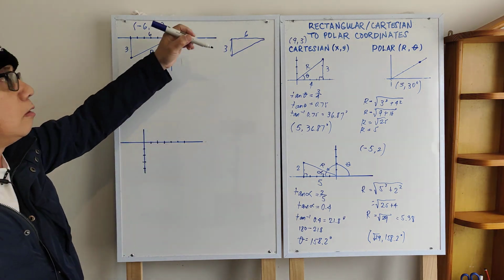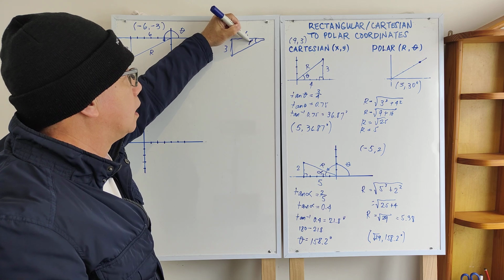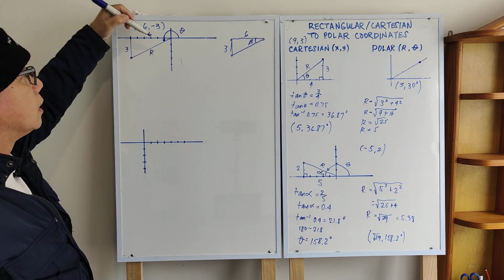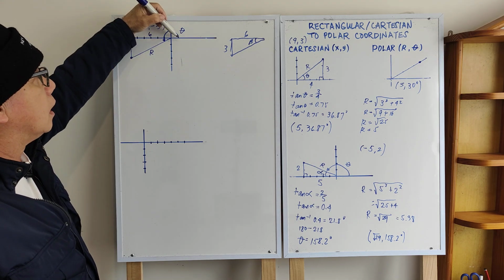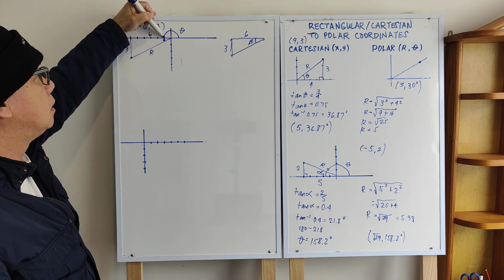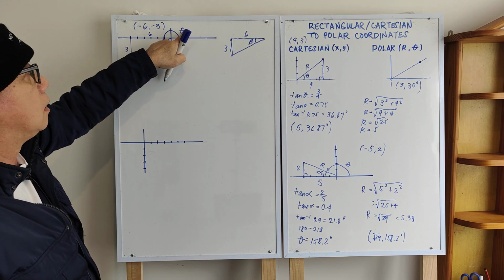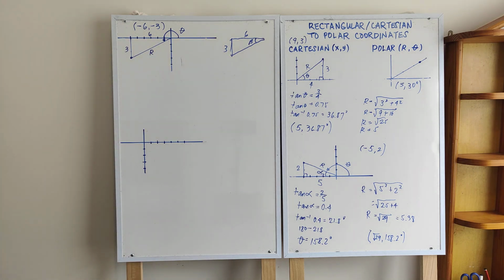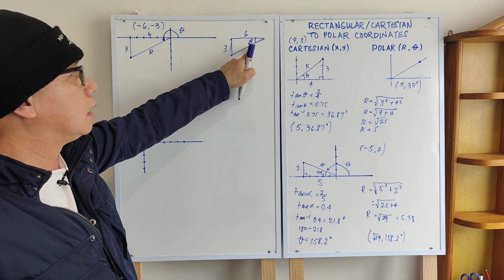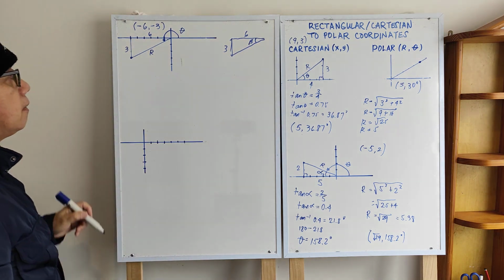So let's try to solve first this angle. Let's say this is beta. We can add this straight line, which is 180 degrees from here to here, and then we add the angle beta, so we can get the theta that we need. So we use tangent again to get the angle beta.